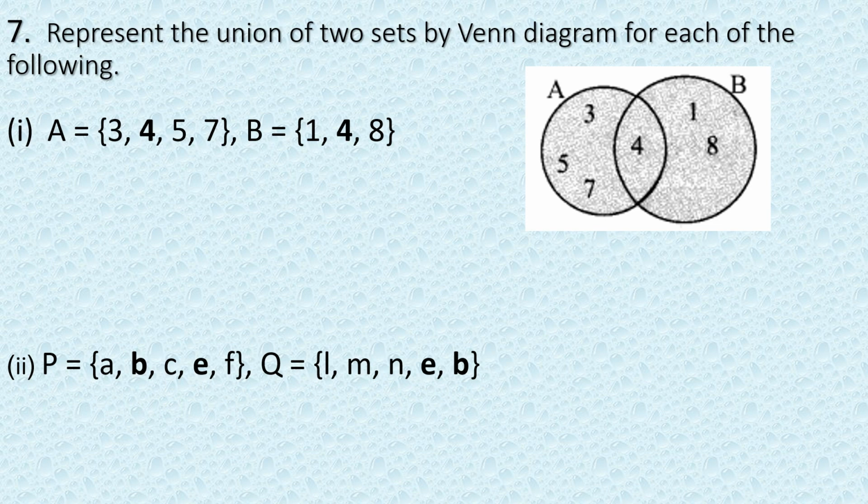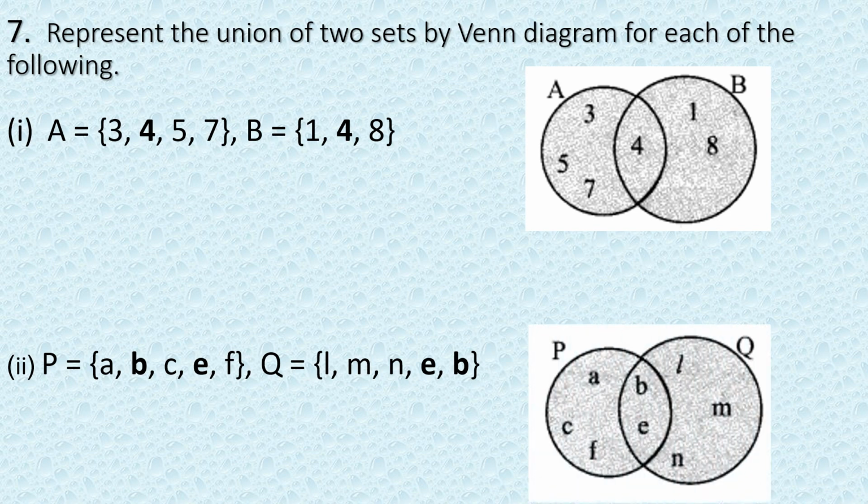Second one is set P, alphabets A, B, C, E, F. Set Q, alphabets L, M, N, E, B. In set P and set Q, alphabets B and E are common. So we have to show the union of P and Q. Set P contains A, C, F, Q contains L, M, N and intersection B, E is shown by the Venn diagram.